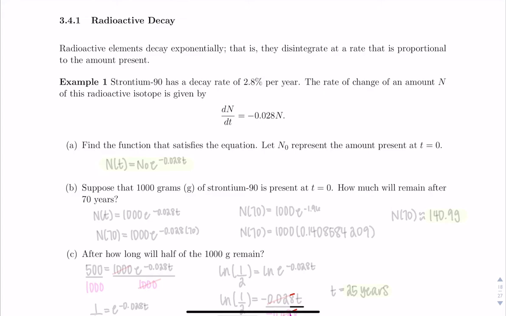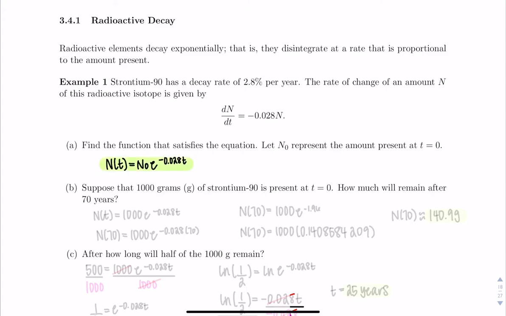When we have this differential equation, we have a function for N, and that's N(t) = N0 e^(-0.028t).